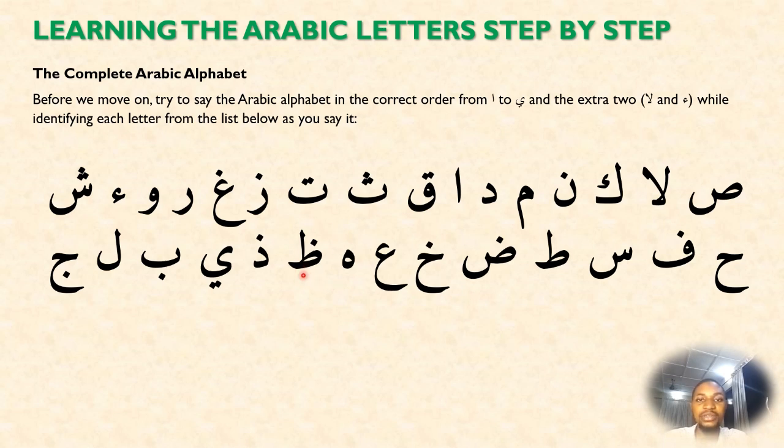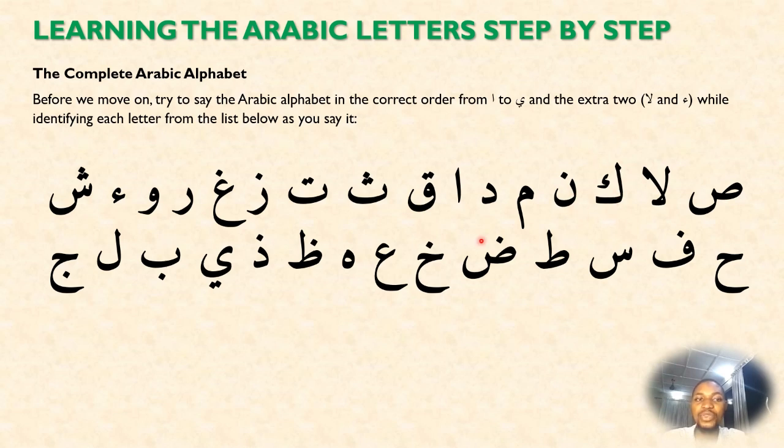Then ain looking like a mirror image of 3, remember, ain. Then ghain, this same shape with a dot above it, ghain. Then fa, remember, like a rounded head with a tail that is quite long. Let's look for fa. Good, this is fa. Then qaf, this is qaf. Then kaf, this is kaf.